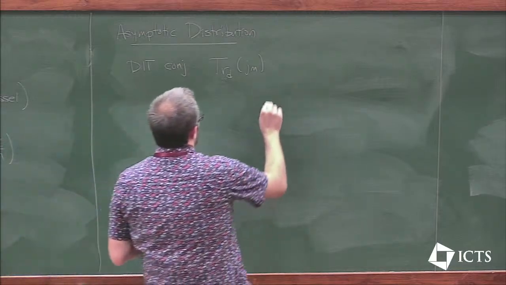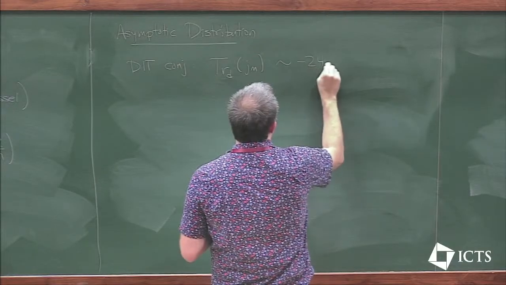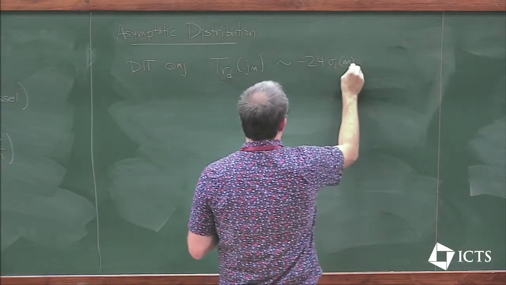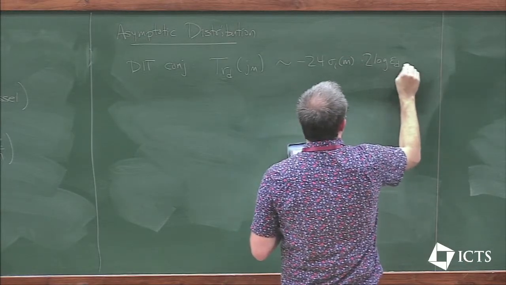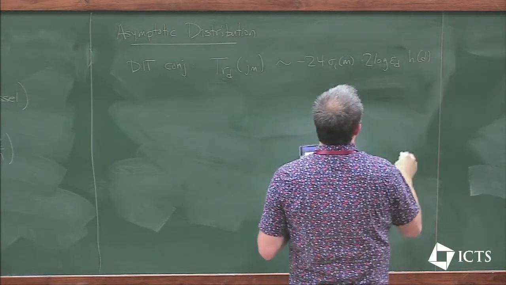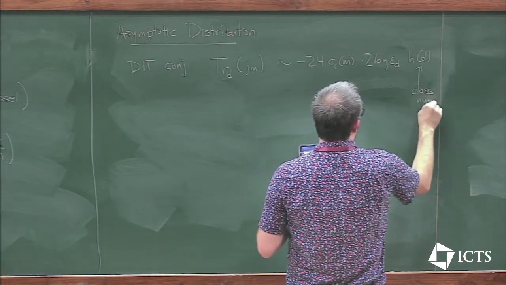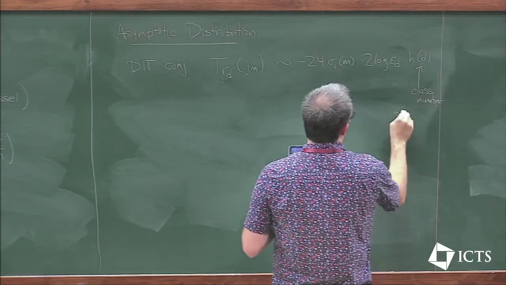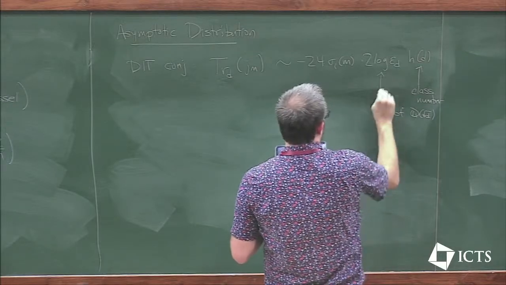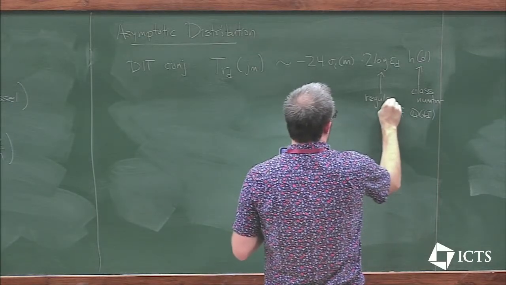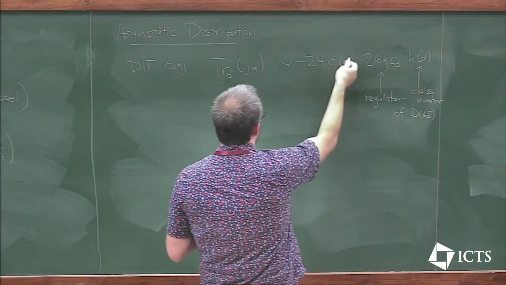They conjectured that this is asymptotic to minus 24 sigma 1 of m times 2 log epsilon d times h of d. So here, this is the class number of Q adjoint square root of d, and then this is the regulator also of Q adjoint square root of D. This is the divisor function again.